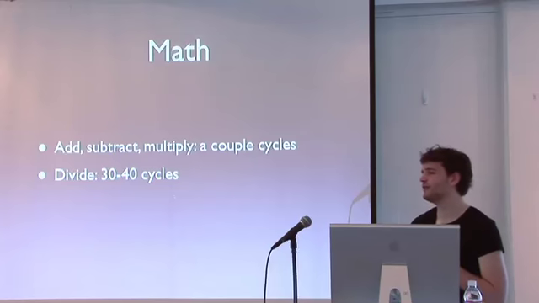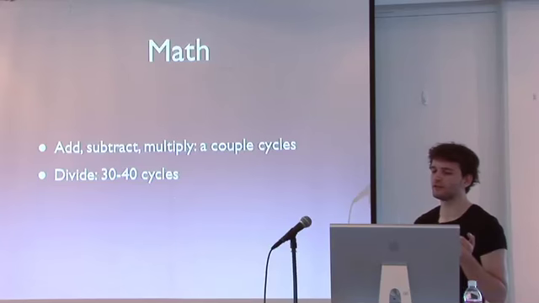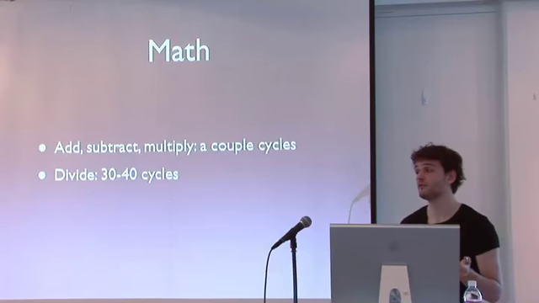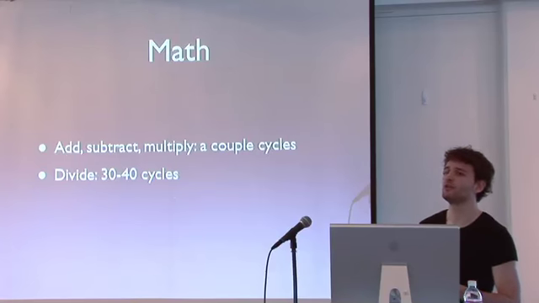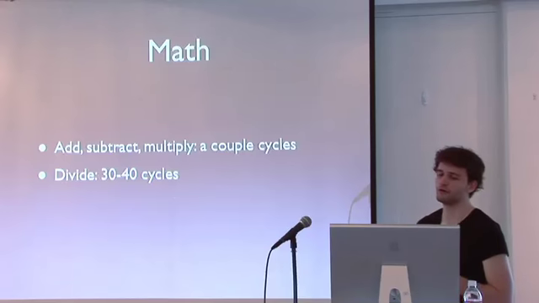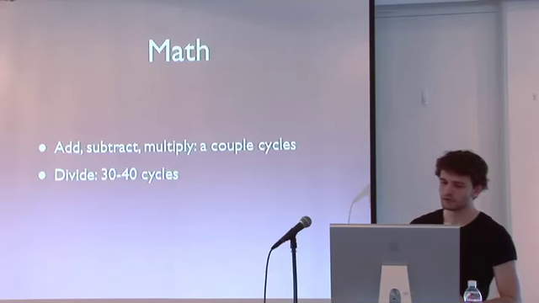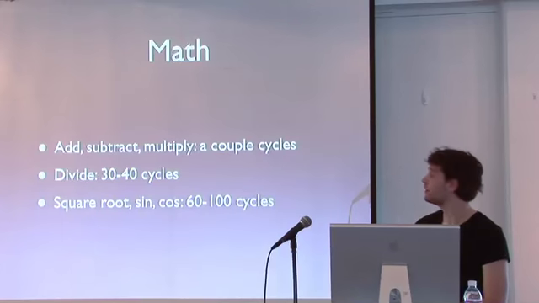And it's also important to remember there are a lot of divisions implicitly. Like, for example, if you do a normalize, that's actually pretty expensive because it has to do a division, has to do a square root, and so on. Then there's square roots. Square roots, sinus, cosinus, they take up 60 to 100 cycles.